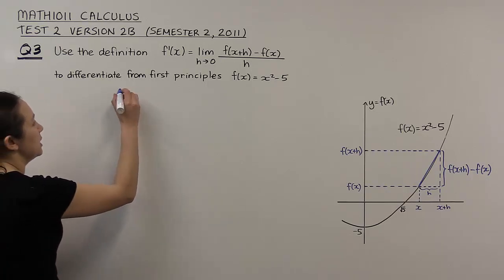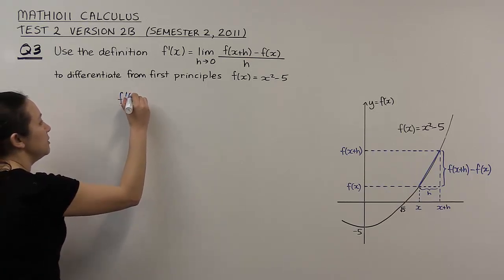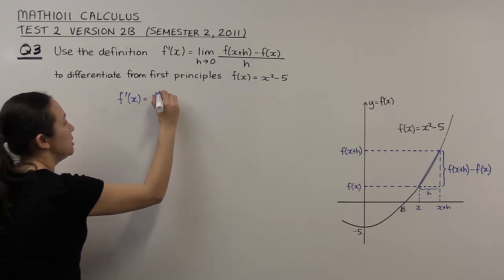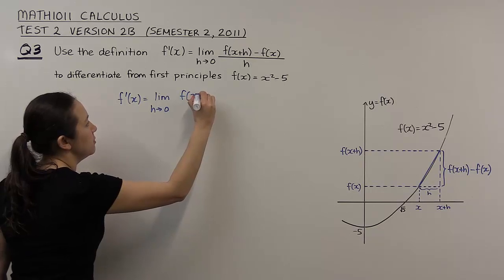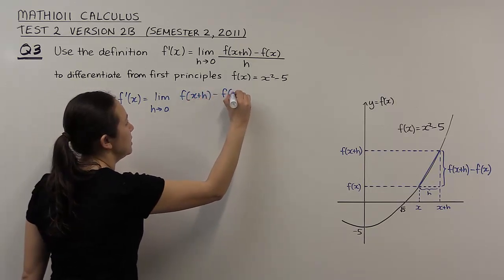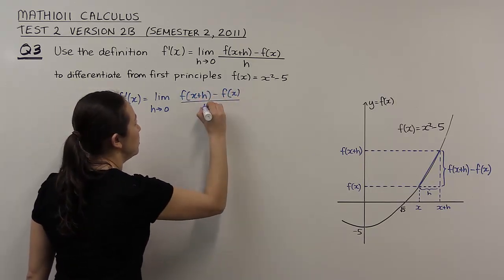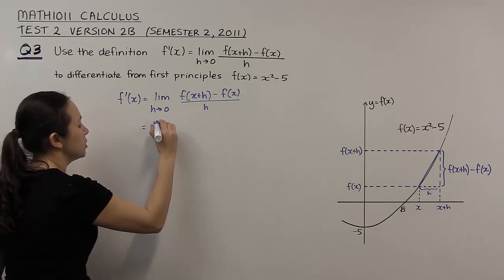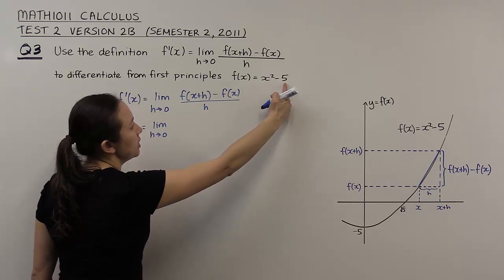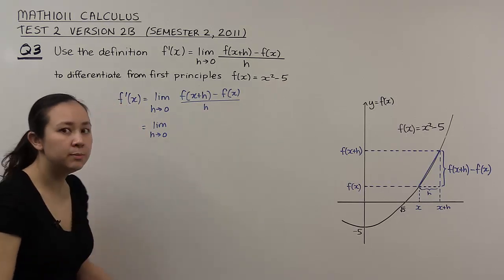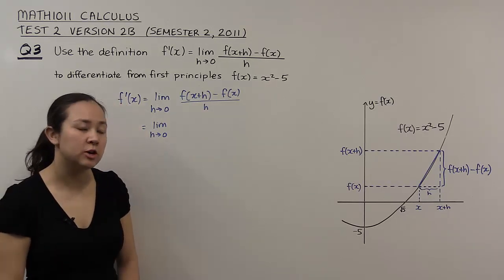So let's calculate. f dash of x is the limit as h approaches 0 of f of x plus h minus f of x divided by h. In this case, our function is x squared minus 5, so whatever the input is, we square it and subtract 5.